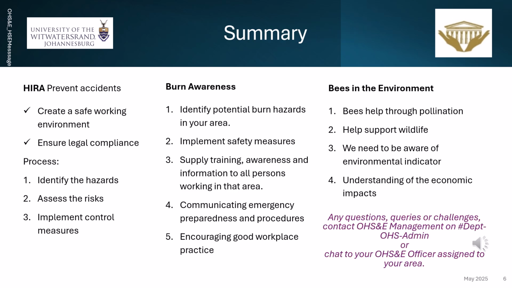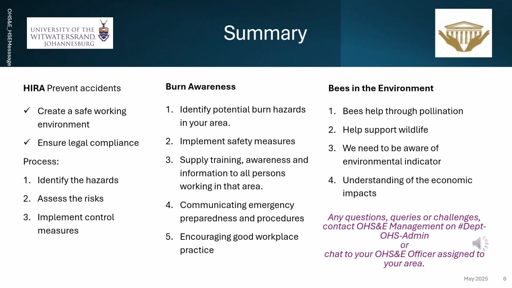In summary, HIRA, or hazard identification and risk assessments, help prevent accidents, create a safer working environment, and ensure legal compliance. The steps to follow: identify the hazards, assess the risks, implement control measures. Burn awareness.